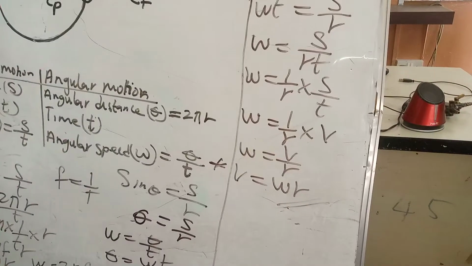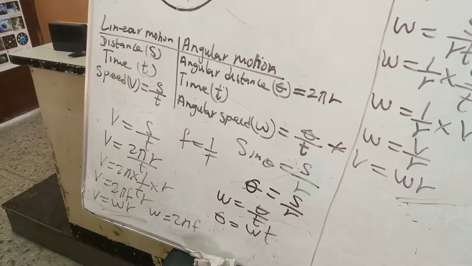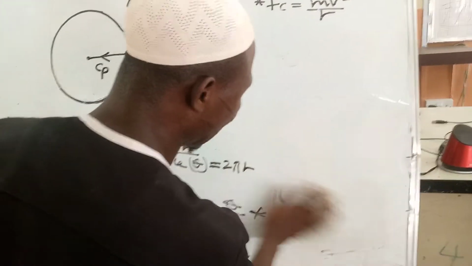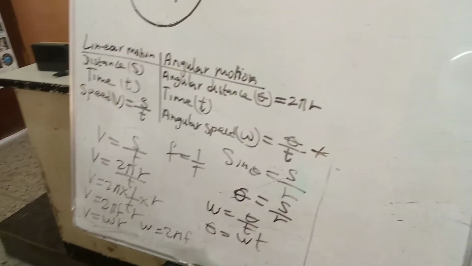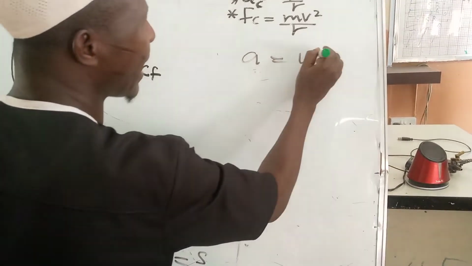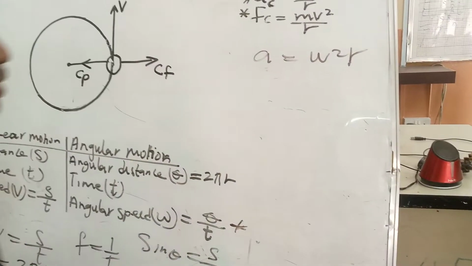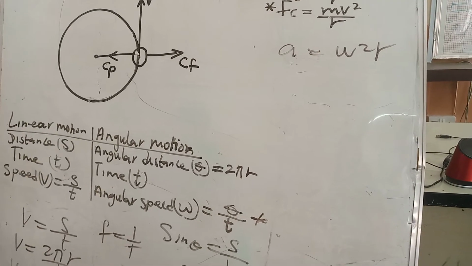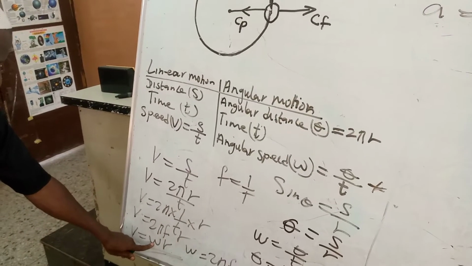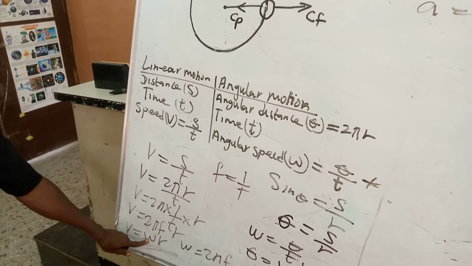Now let's go to centripetal acceleration. From simple harmonic motion, our centripetal acceleration a is equal to omega squared r. Then let's replace our omega. Don't forget, make omega the subject of formula: omega is equal to v over r.